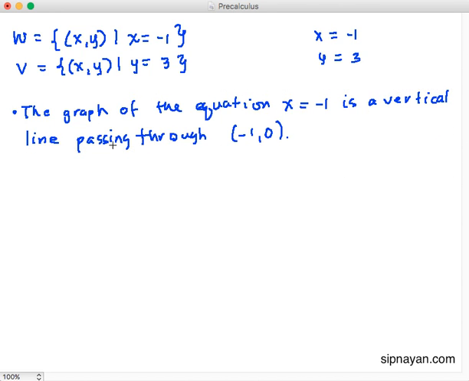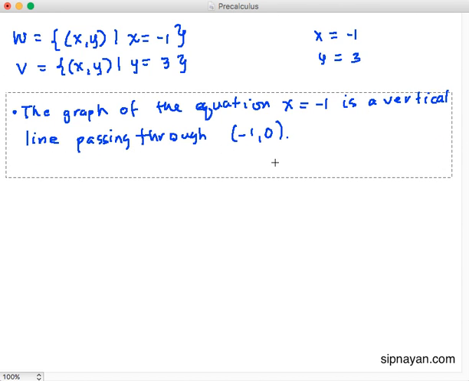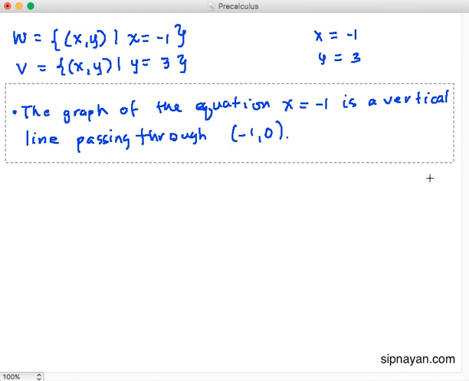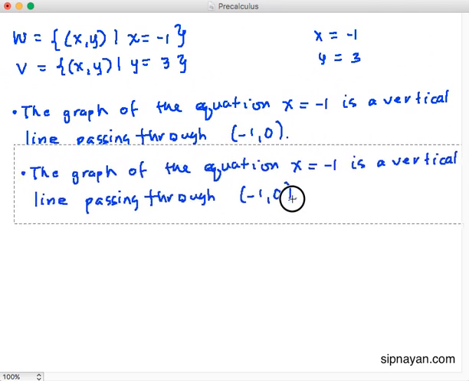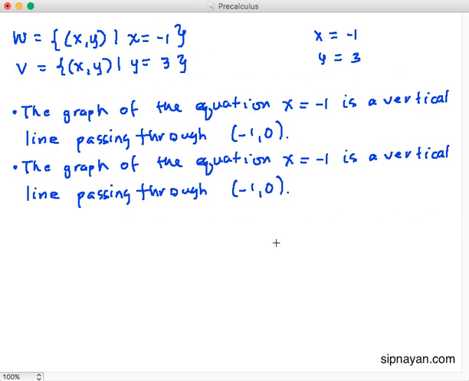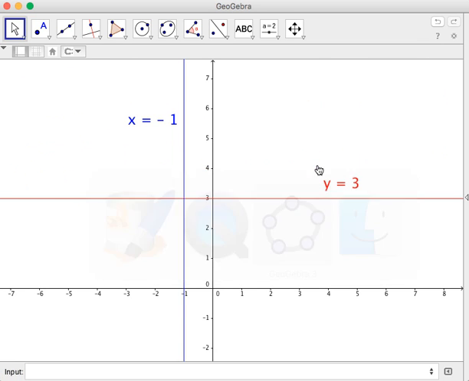Maybe we can copy this and talk about the other given equation. So, the graph of the equation y equals 3. What do you notice?